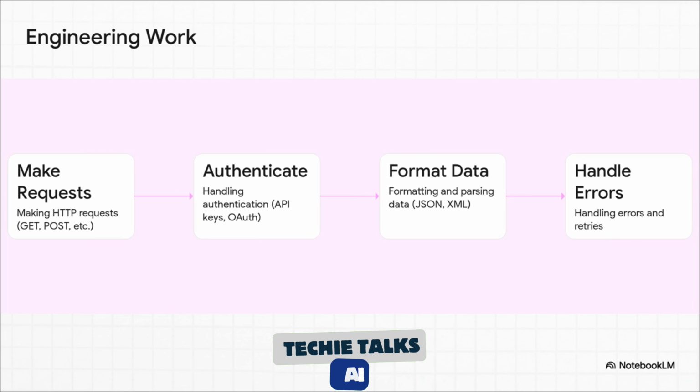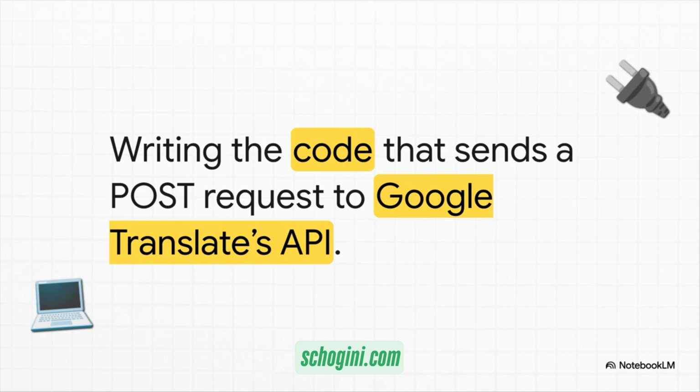This is all the backstage work that makes the onstage magic even possible. Okay, so let's tie this right back to our translation example. The agent decided to use a translation tool. The API integration? That's the developer actually writing the lines of code that send that chunk of text in a POST request over to Google's API and then gets that Hindi translation back.